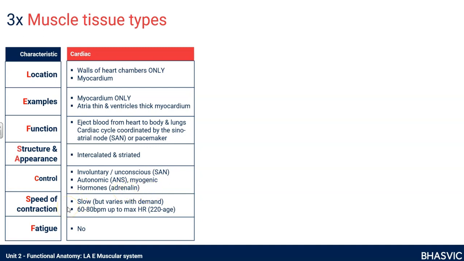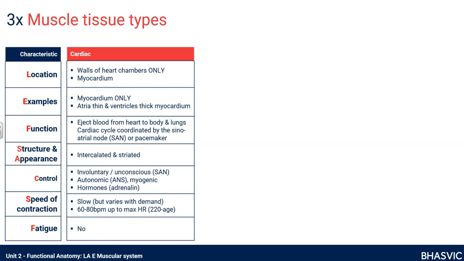How fast does the cardiac muscle tissue contract? Well, typically it contracts quite slowly. We want it to have a slow and steady beat and keep going forever and ever. But obviously when we do exercise, it can increase quite dramatically, up to 100 and something beats per minute. Resting is probably somewhere around 70 beats per minute. Does cardiac tissue typically get tired?